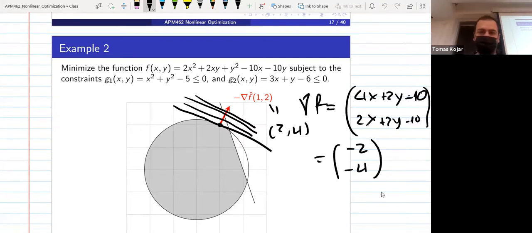Do we have a way to find the min? Like I said, I will probably give you the local min because this is too hard. There's no way you can find it even from the picture. It's impossible. So I will give you the local min.